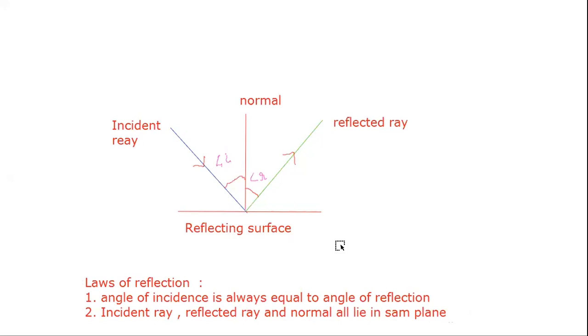So now on the basis of this, numericals can come. How can the numericals be there? It will be given this angle, only this much angle, the green color portion.